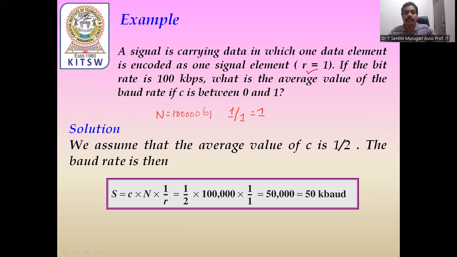Then what is the average value of the baud rate if C is between 0 and 1? We can take the average, C equal to 1 by 2. So 1 by 2 into 1 lakh, that is the data rate, into 1 by R, where R equals 1. Finally we get 50,000, which means 50 kilobaud. Signal rate is always represented using baud.